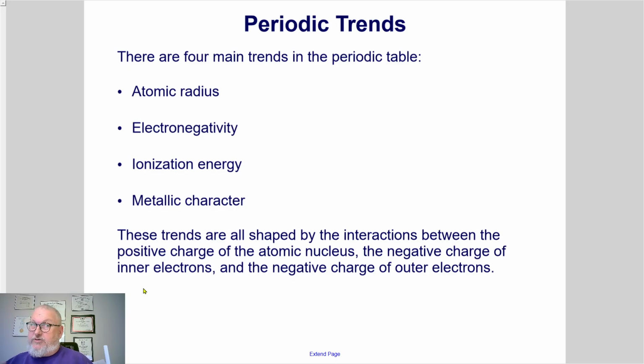One is atomic radius, and we've already started to talk about that. Electronegativity is the other one, then ionization energy, and the metallic character of an atom. These are all shaped by the interactions between the positive charge of the nucleus, the negative charge of the inner shielding electrons, and the negative charge of the outer electrons.